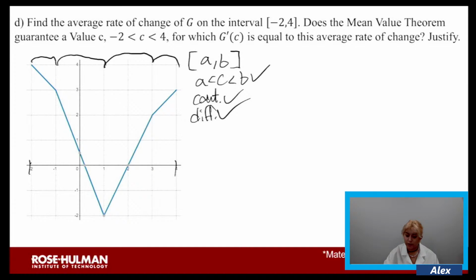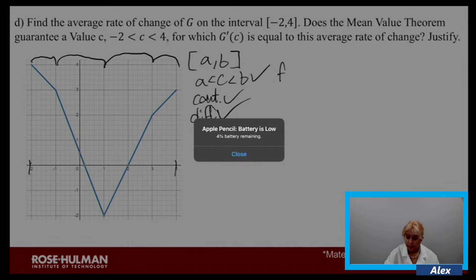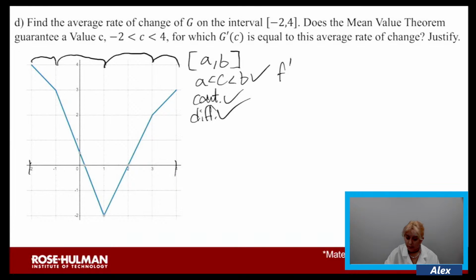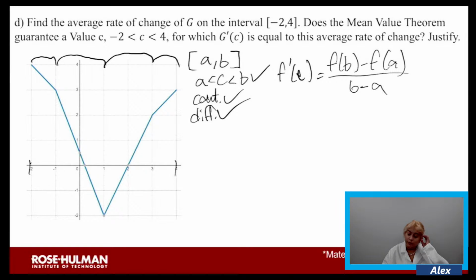So if all of these conditions are met, then there is a number c such that f prime of c equals f of b minus f of a over b minus a. And you can fill those in accordingly to see what your c might be.